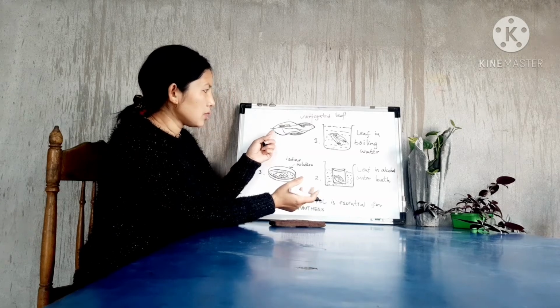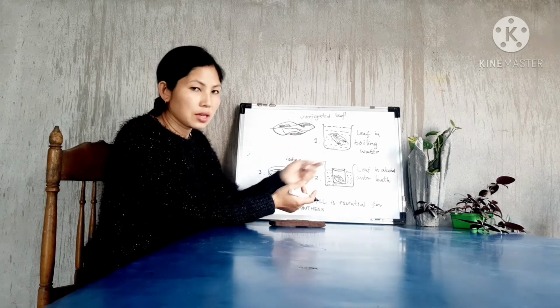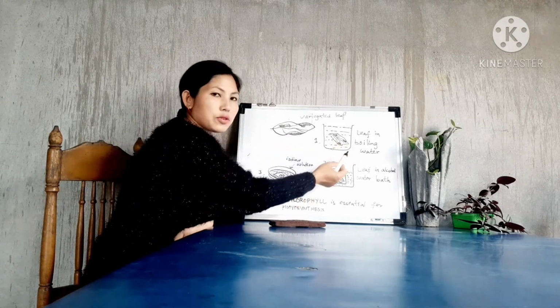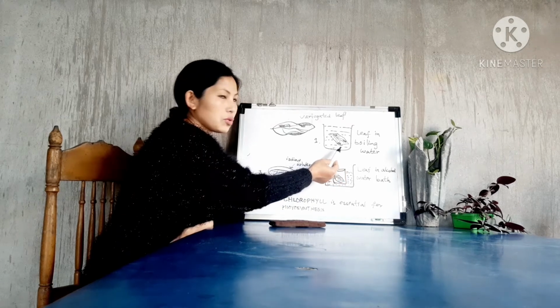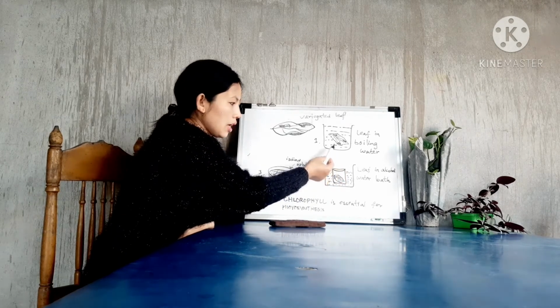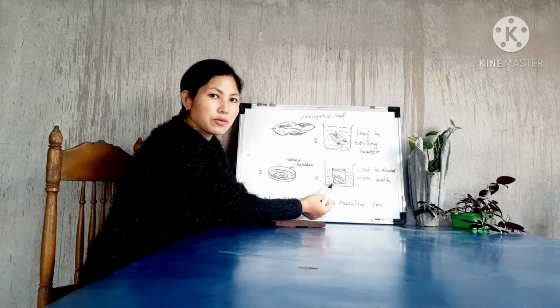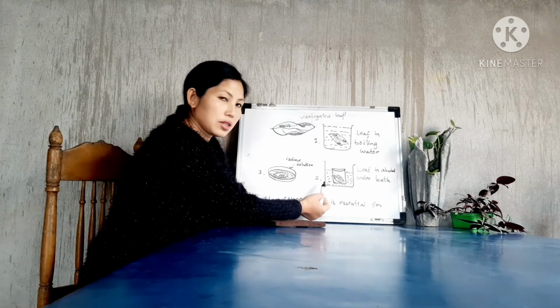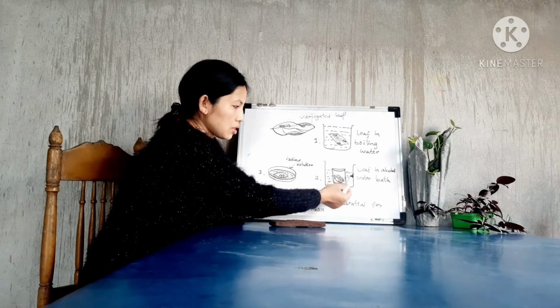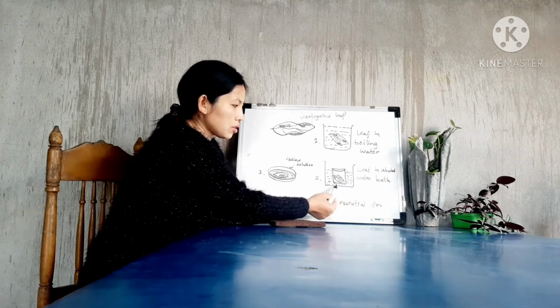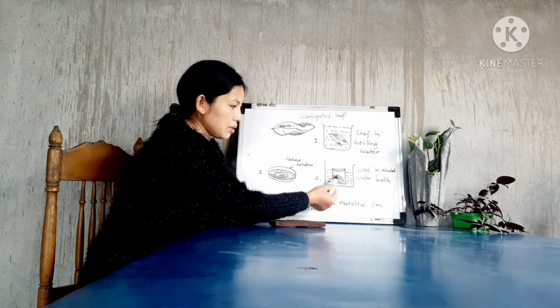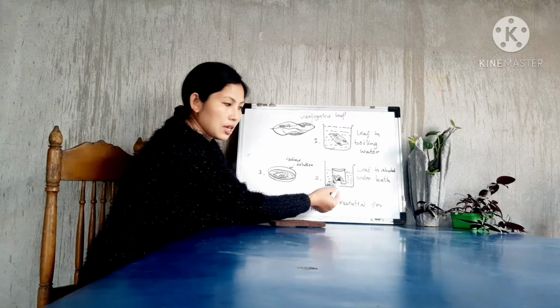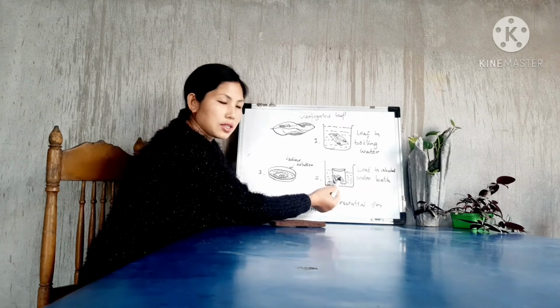Then this leaf, in the first step, we will boil for a minute in boiling water, and then we will take it for an alcohol water bath in the next step, where you can see here in a vessel there is water, and inside the vessel in a beaker the leaf is placed and the leaf is dipped inside the alcohol.